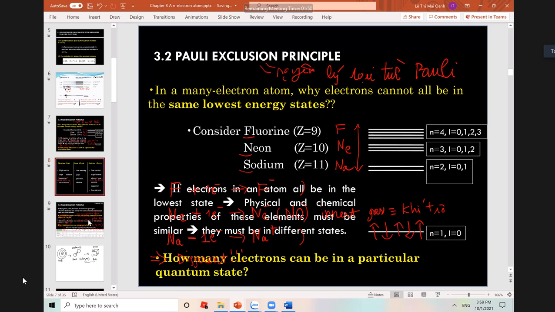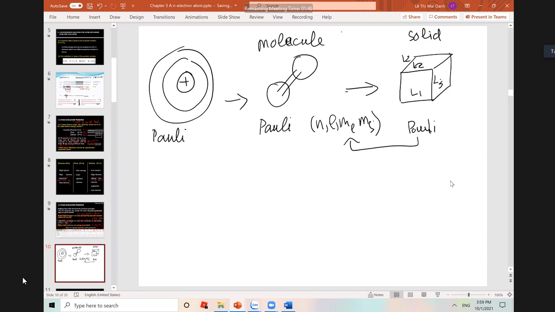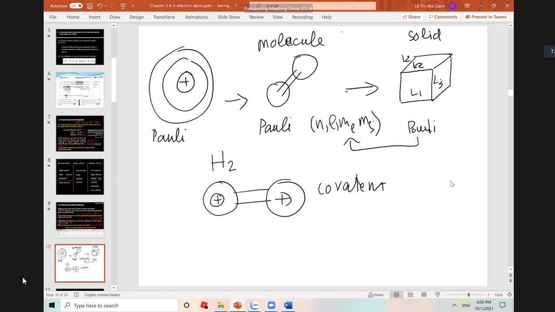For example, you can see when you have two same atoms combined together, for example in a hydrogen molecule. Because you have two electrons in the hydrogen molecule, you can see they connect together, and you already know that the electrons inside the hydrogen molecule will be in a covalent bond.